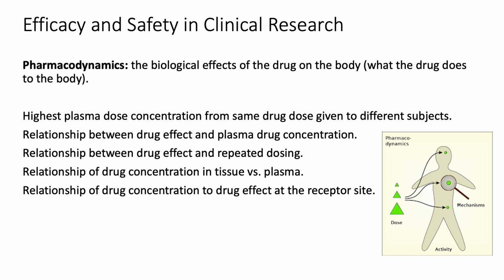This is not again the case because we have to look into the volume of distribution of a drug. Some drugs stay in the blood. Some drugs also diffuse out and go to the intercellular or interstitial fluid. Some of them go into the cells.